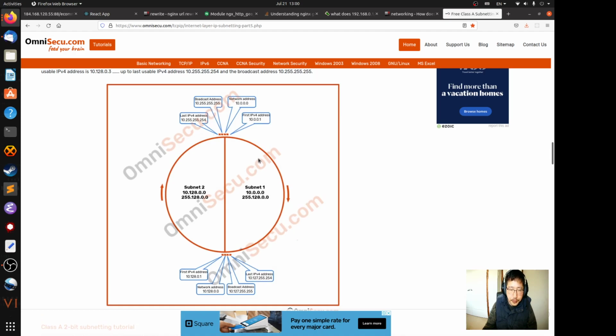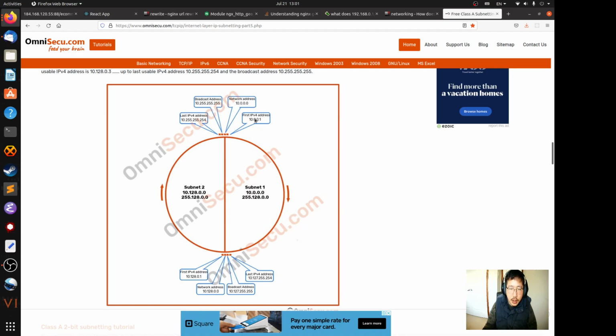So we are dividing all the possible IP addresses into separate subnets.